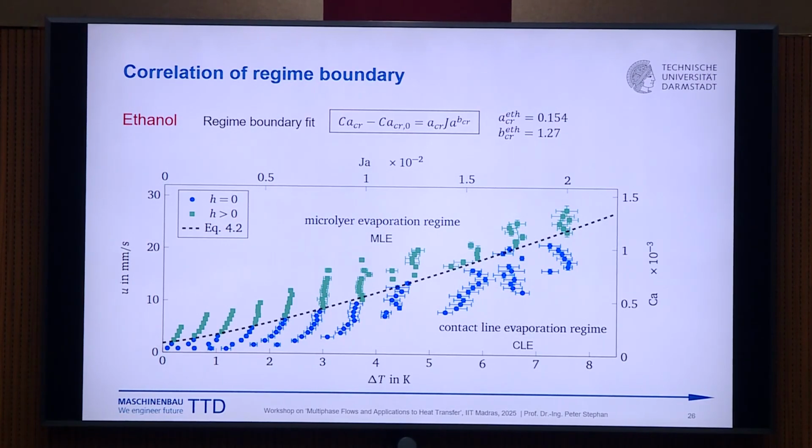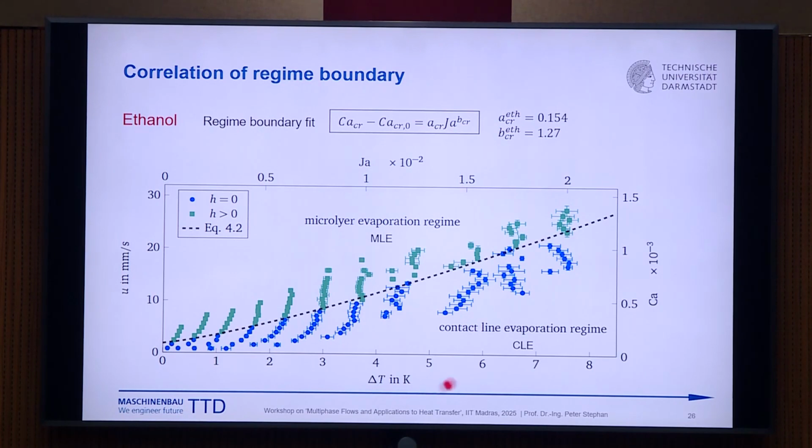We found that we can fit a regime boundary nicely with the Jakob number and the capillary number. The capillary number is a specific capillary number for a reference case, and then the real case. And then, of course, we need some parameters to adapt. This here is for ethanol. So we found for ethanol these two parameters, and then it fits quite nicely.